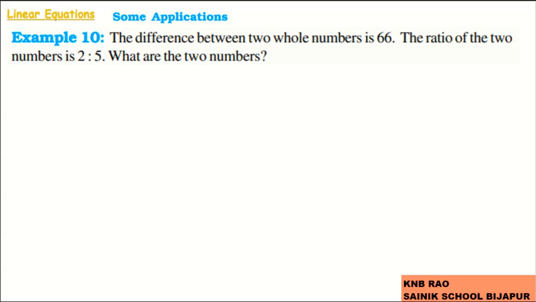Question number 10 is: the difference between two whole numbers is 66. The ratio of the two numbers is 2:5. What are the numbers? The moment you see a ratio, always assume a ratio constant.